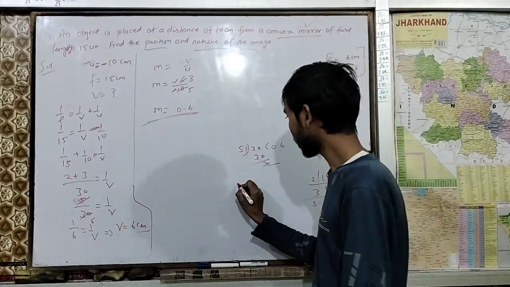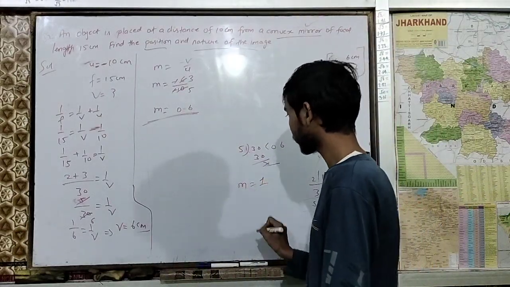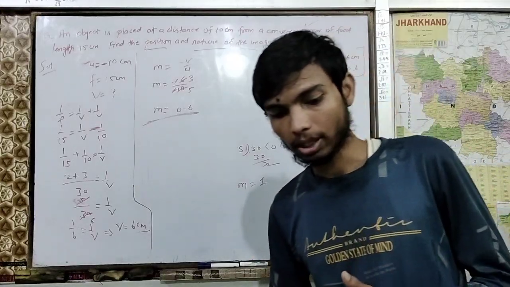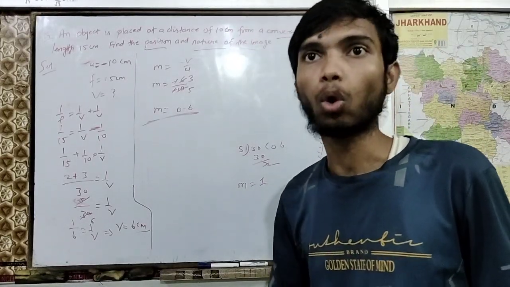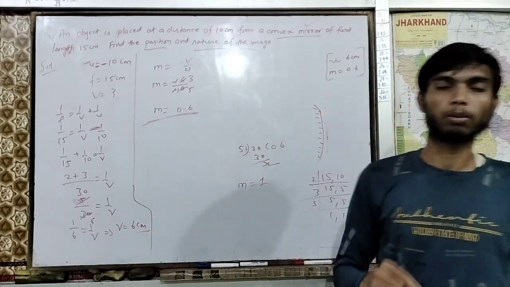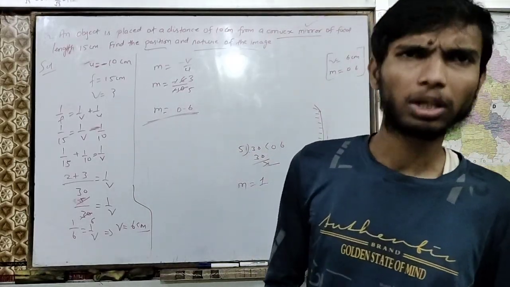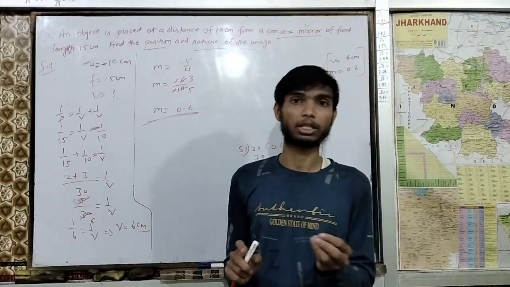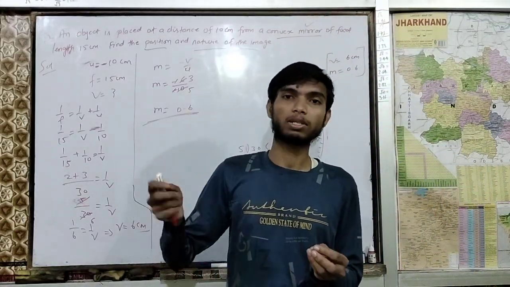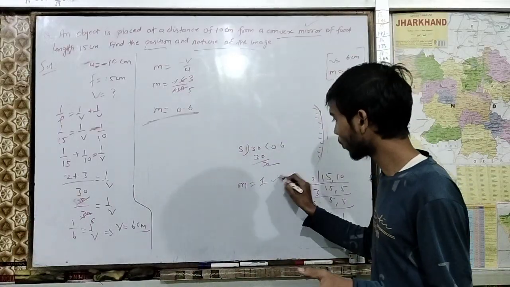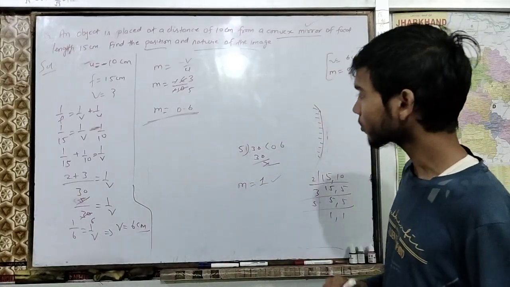Remember, if m is equal to 1, then the size of the image will be the same as the size of the object. For example, if the object is 10 centimeter, the image will be the same 10 centimeter.